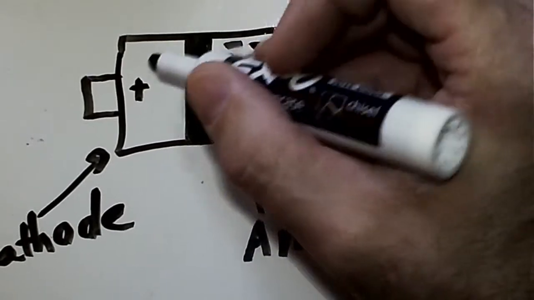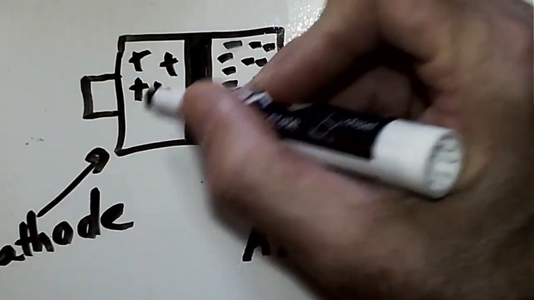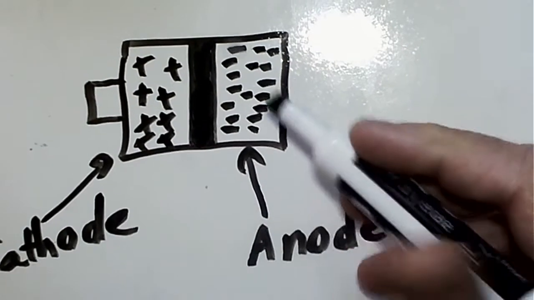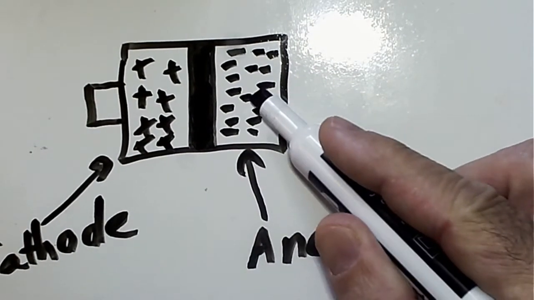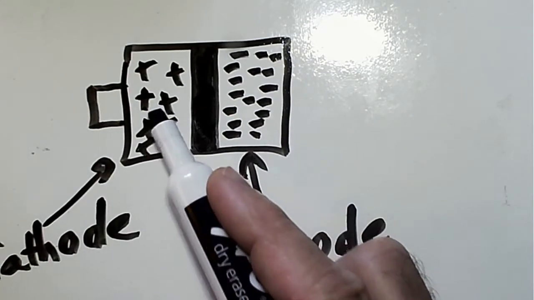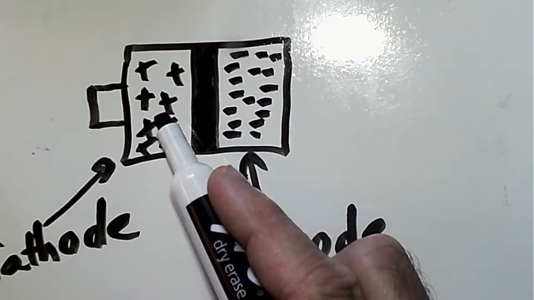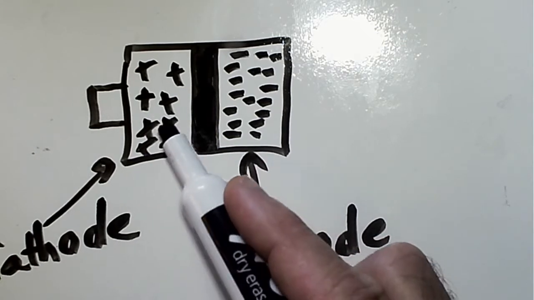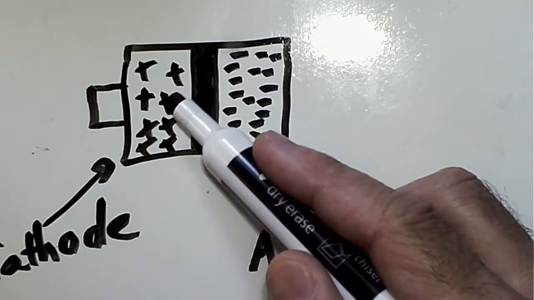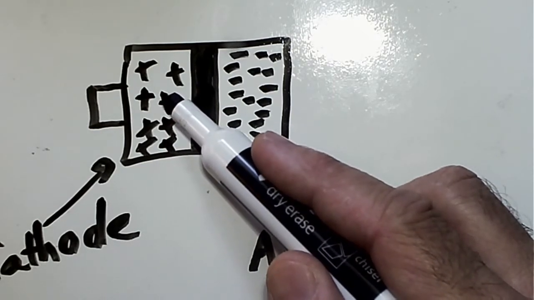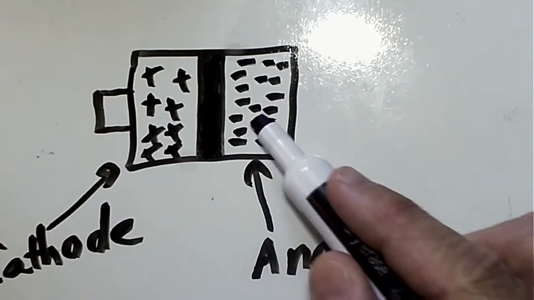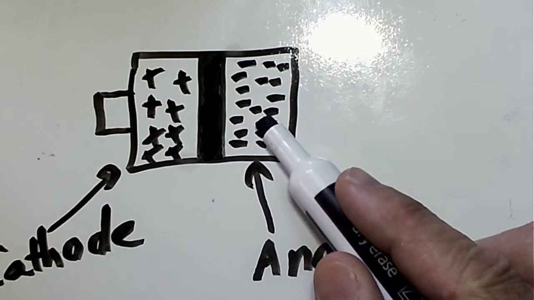Now this is not happy the way it is because it is uneven. You have a high concentration of negative ions on this side and a high concentration of positive ions on this side. Now, negatives are the only ones that can move. Positive ions, protons, can't just jump out of the nucleus, right? But covalent or valence electrons move.